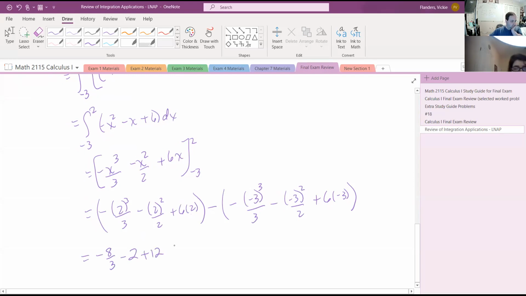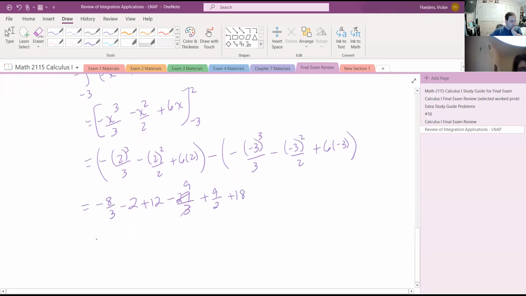Minus 27 with another minus in front makes it plus, and then the other minus makes it minus 27 thirds, which is actually 9. And then there'll be a plus 9 halves minus plus 18. You guys check my math here. So I have negative 8 thirds plus 9 halves.